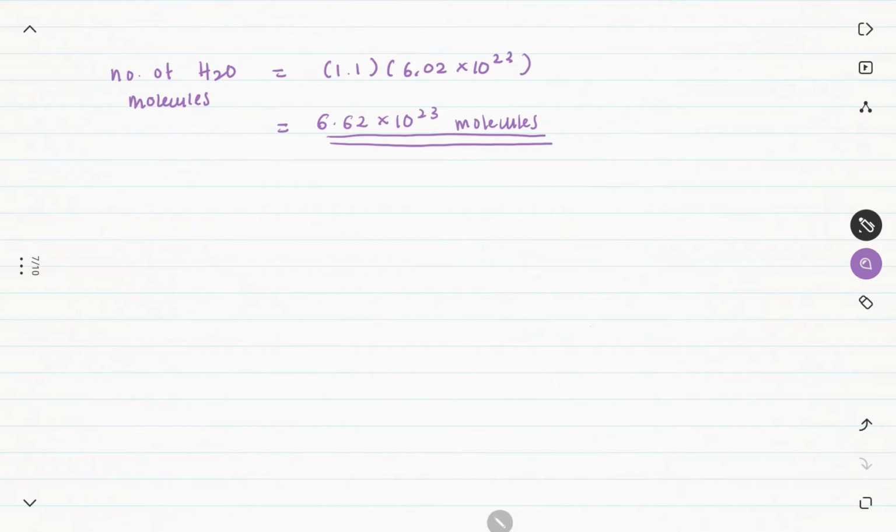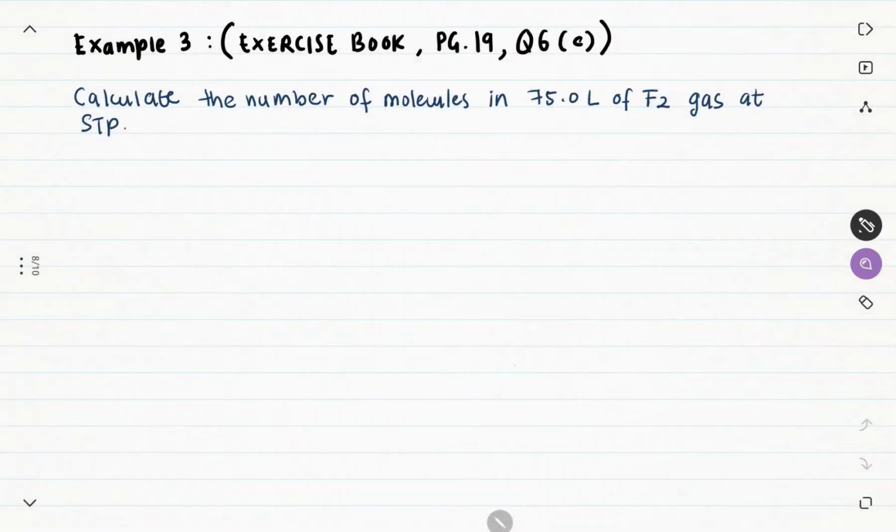Okay, now we look at example 3. This one also in your exercise book, page 19, question 6c. Refer to your exercise book, page 19 and question 6c. The question: calculate the number of molecules in 75.0 liter of F2 gas at STP. So right now the volume is given to you. So how to calculate this one?